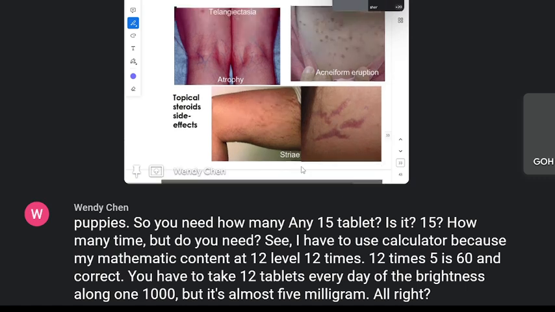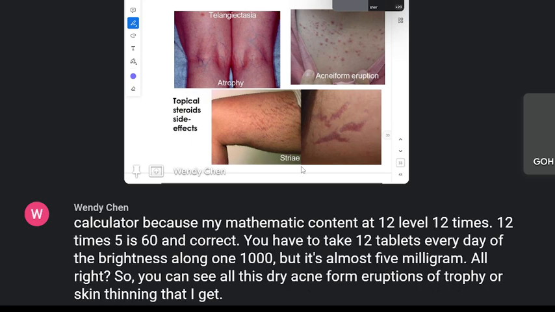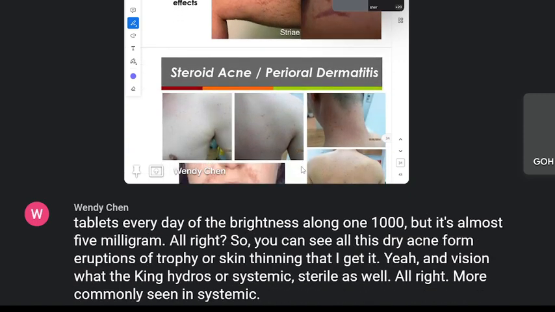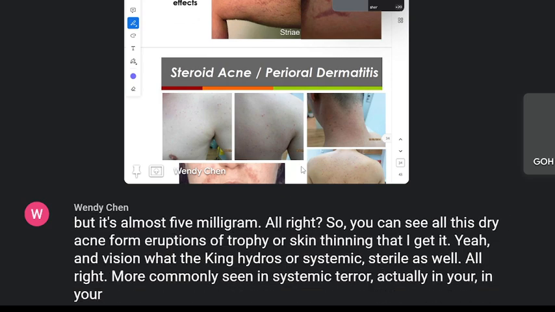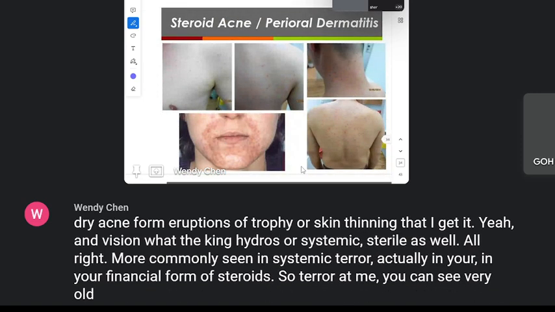Alright. So you can see all these dry acneiform eruptions or atrophy or skin thinning, telangiectasia in patients who are taking high dose of systemic steroid as well. More commonly seen with systemic steroid, actually in the parenteral form of steroid. So steroid acne, you can see perioral dermatitis, steroid acne.